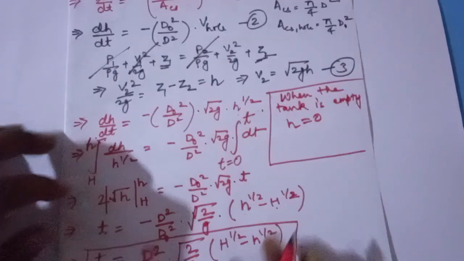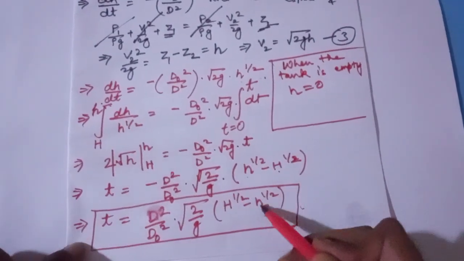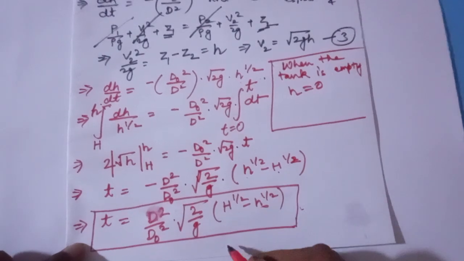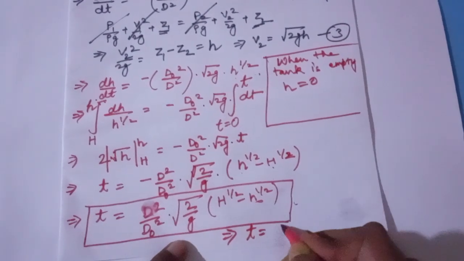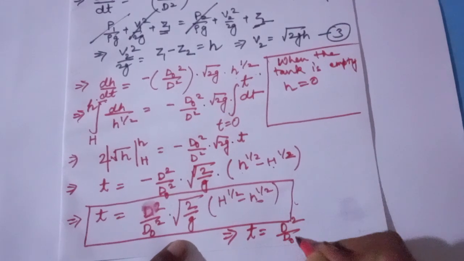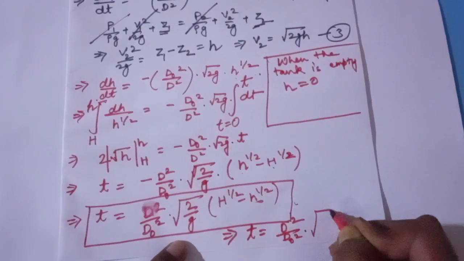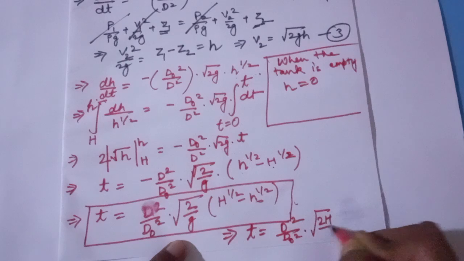So if we put h equal to 0 in this equation, we will get t equal to d square by d naught square into root 2H by g.